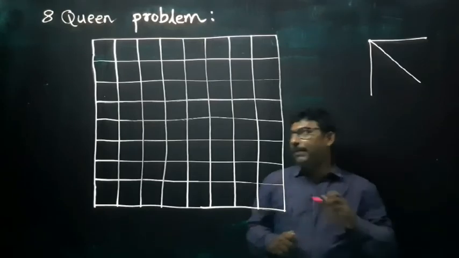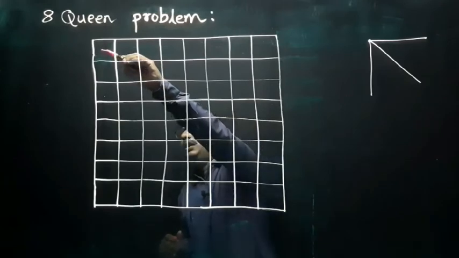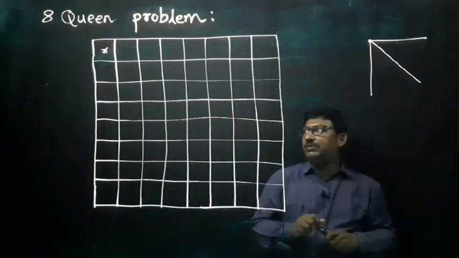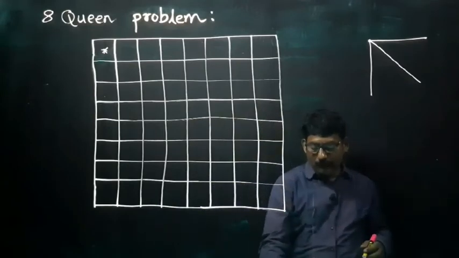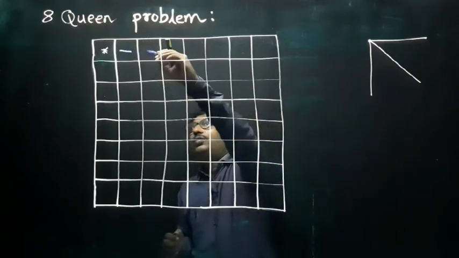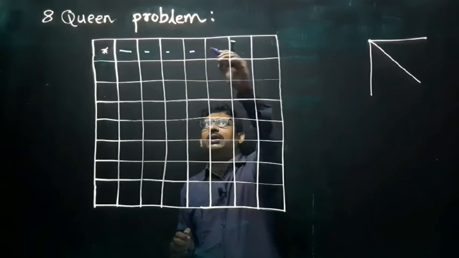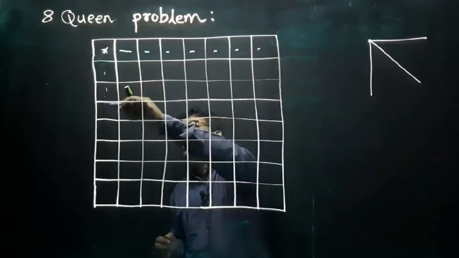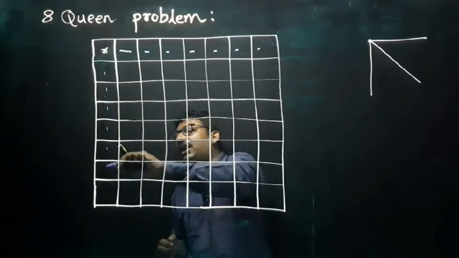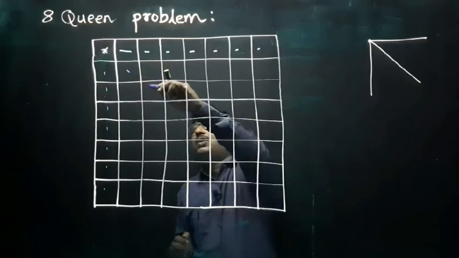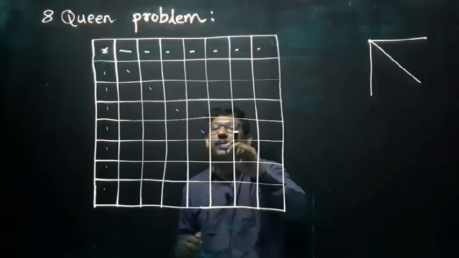So first I keep the queen in the left corner. Here this queen is safe. When we check this total row, we can't keep any other queen, and in the total column also we can't keep any other queen, and diagonally also we can't keep any other queen.